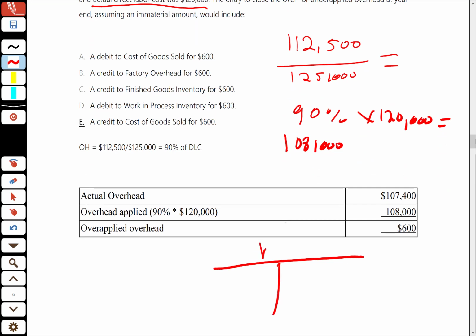So if I'm doing my manufacturing overhead, am I going to put the applied on the credit side or the debit side? The applied is on the credit side, isn't it? 108. What goes on the debit side?